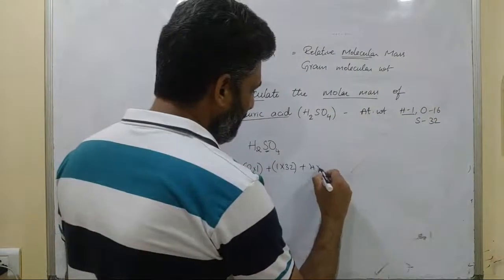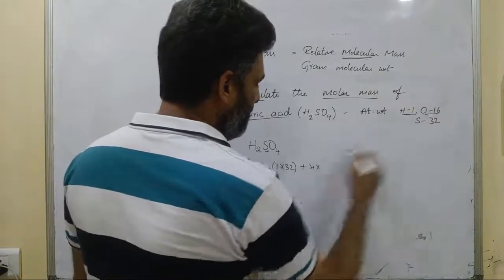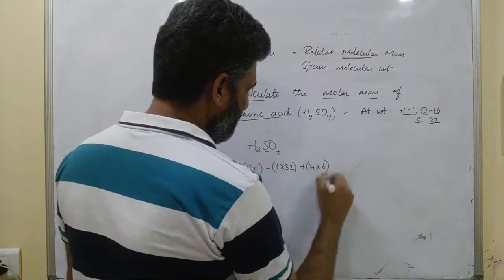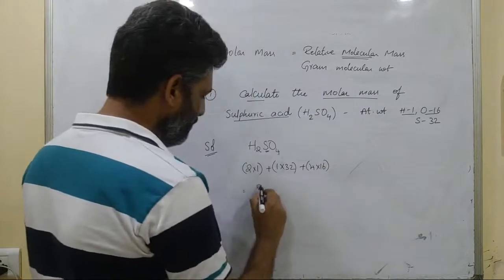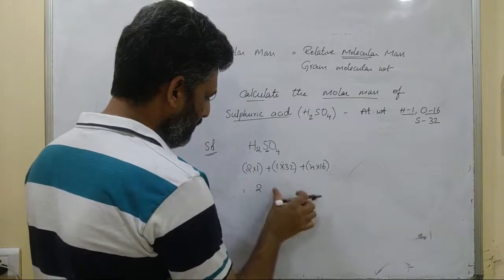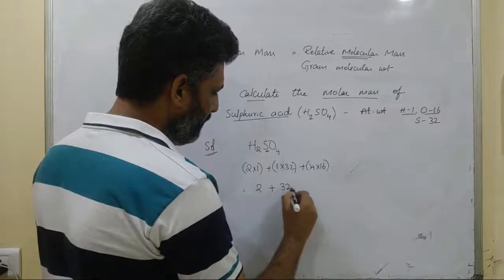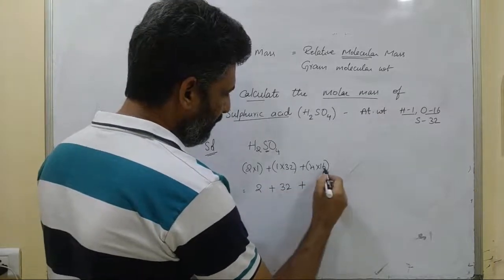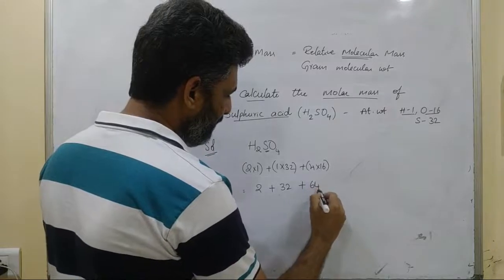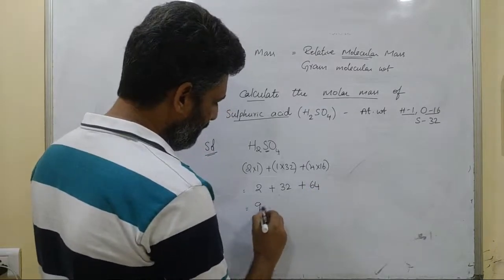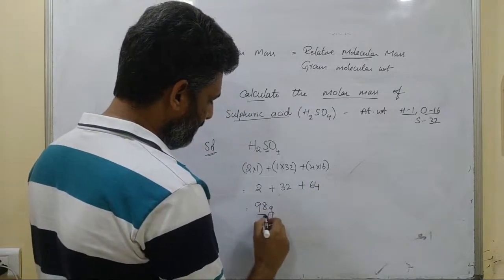So 4 times atomic weight of oxygen, that is 16. So which equals 2 plus 1 into 32, 32, plus 4 into 16, 64, which equals 98 grams.